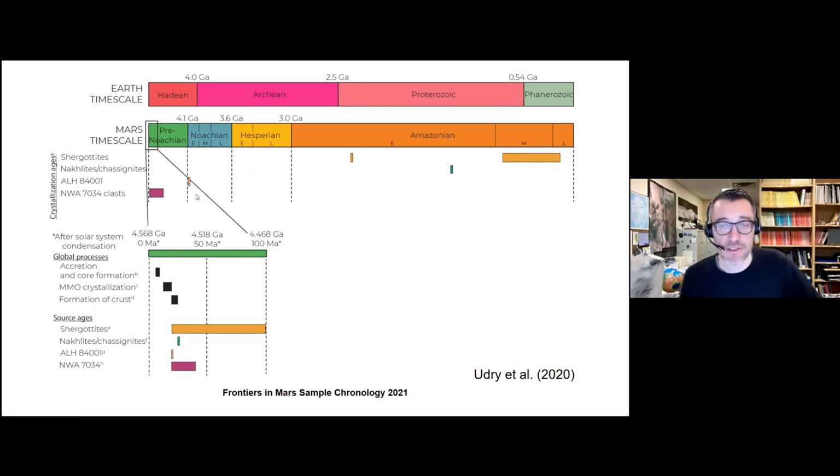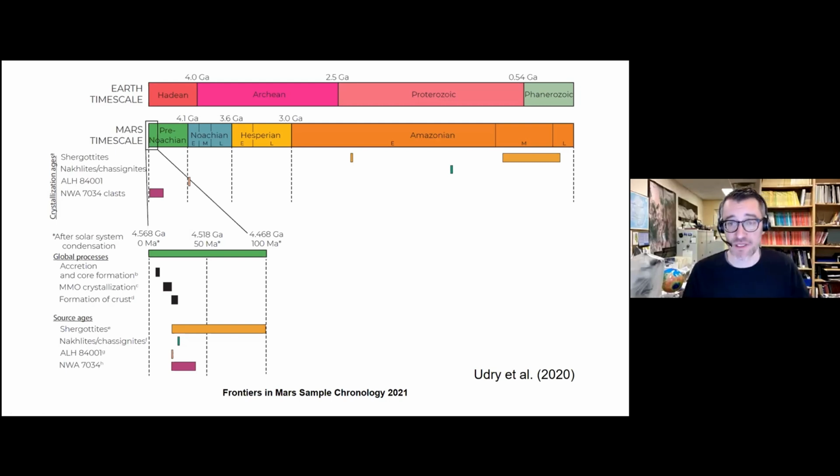There are some gaps here, but the other interesting thing is that because these young rocks record ancient mantle reservoirs or mantle components, we can say something about those source ages, and those source ages are ancient. They formed within the first 100 million years of Mars history.